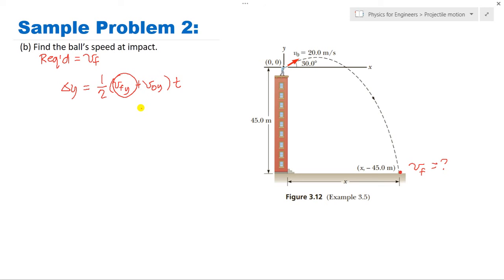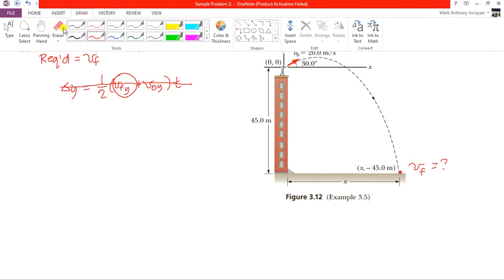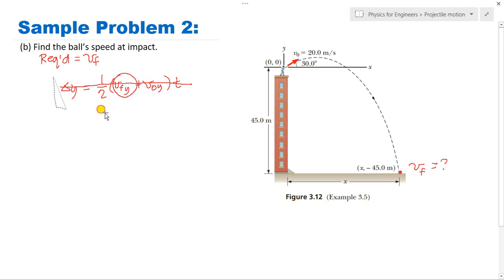So let's substitute. Or, I think we can just use another kinematic equation to make it easier to solve.